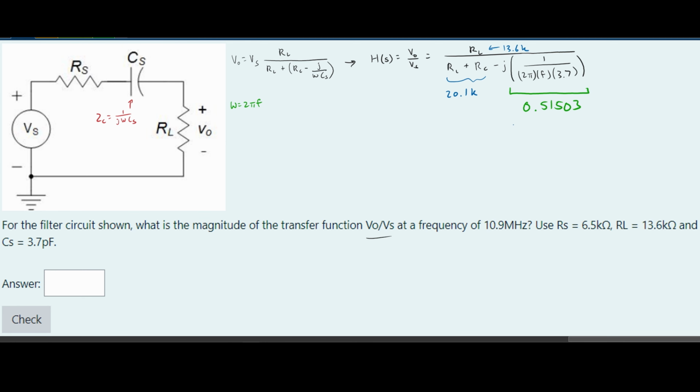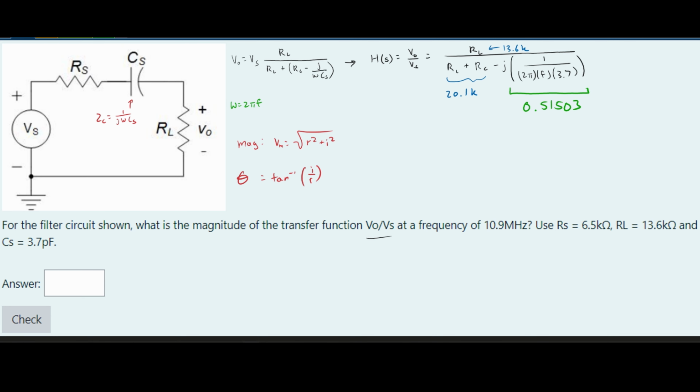And so now we want to find the magnitude. This is important. When we look at the magnitude, and we're solving for voltage here, so I'm just going to say Vm, it is equal to the square root of our real number squared plus our imaginary number squared. And if we wanted to find the angle, our angle is equal to arctangent of our imaginary number over our real number. But we don't care about that now.